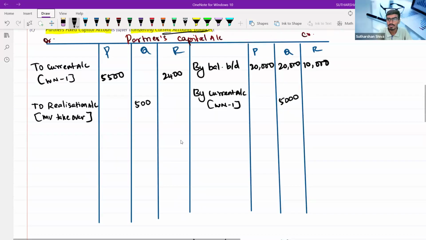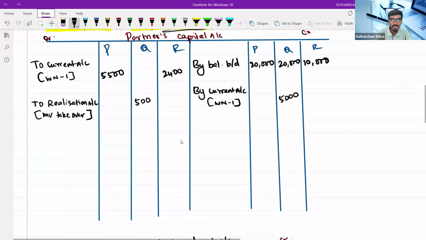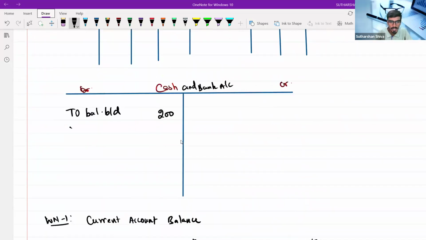We'll go to realization credit by writing by cash account, referring working note number 2, put 16,600. Immediately go to the cash account on the debit side by writing to realization account by putting 16,600.